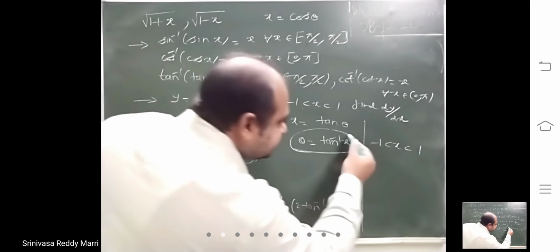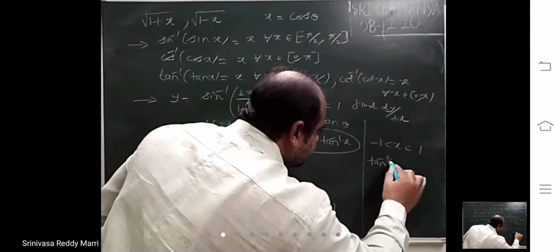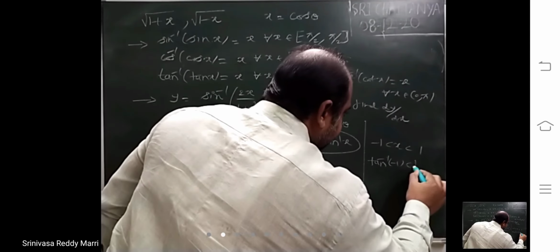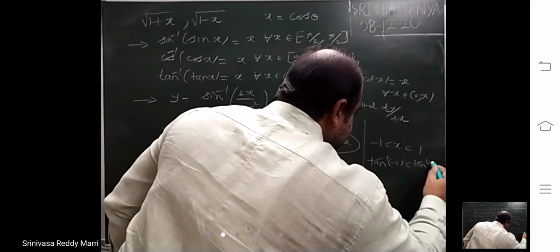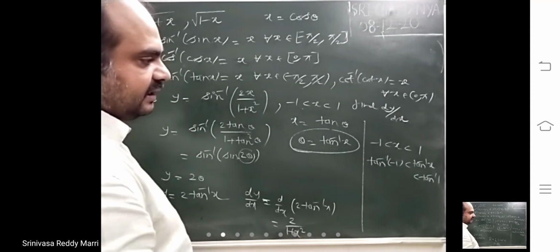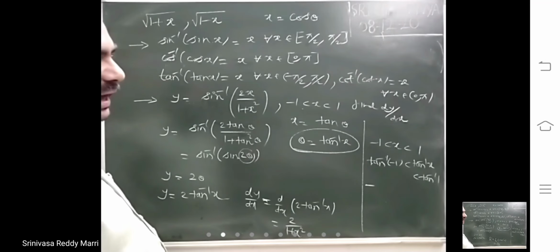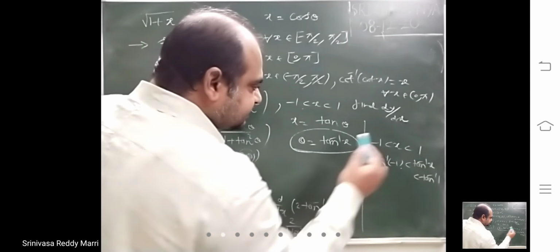Apply tan inverse to this. Whenever you apply tan inverse, the same inequality holds: tan inverse of minus 1, with the minus written outside, is less than tan inverse x, which is less than tan inverse 1.